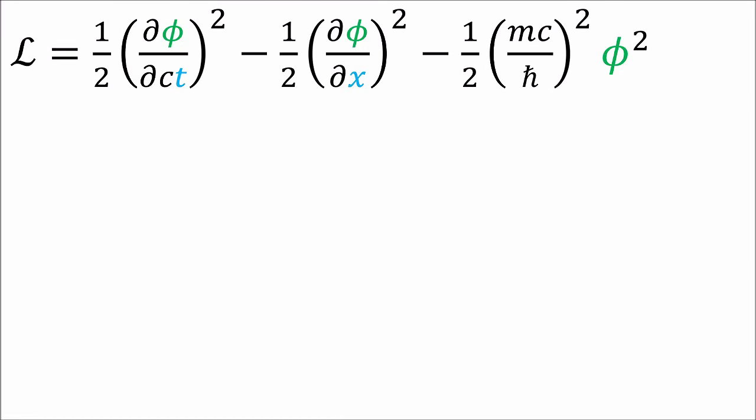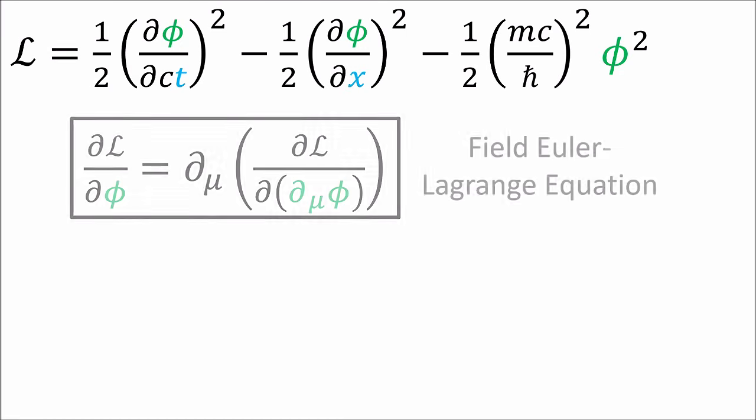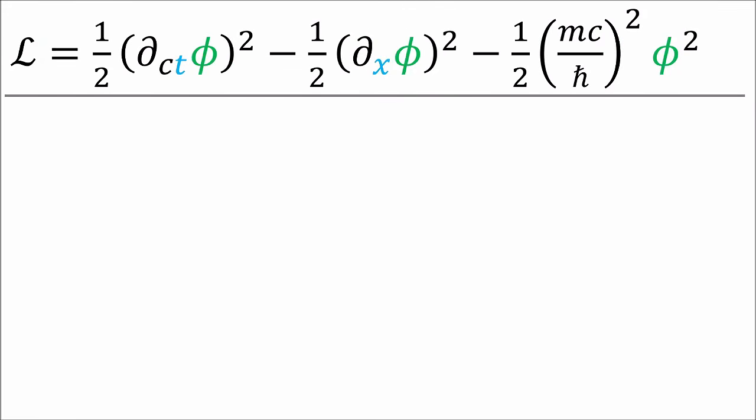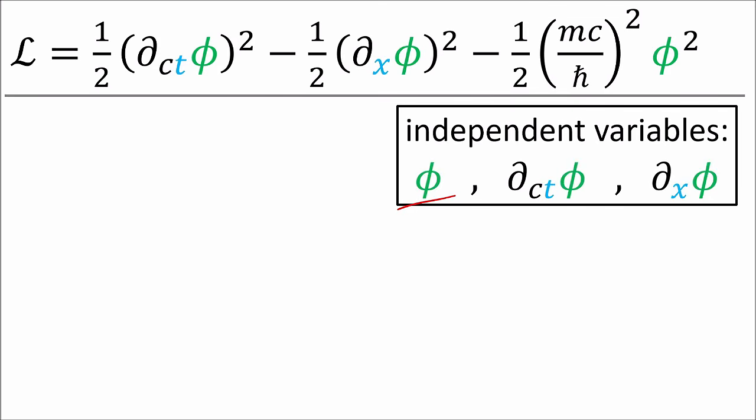To get the equations of motion for the field, we can put this Klein-Gordon Lagrangian through the Euler-Lagrange equation for fields. To do this, I'm going to rewrite the derivatives using subscript notation. Now, with the field Euler-Lagrange equations, we treat the field phi and its derivatives as independent variables.